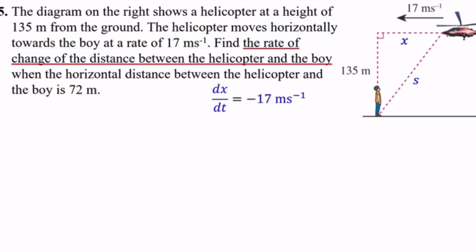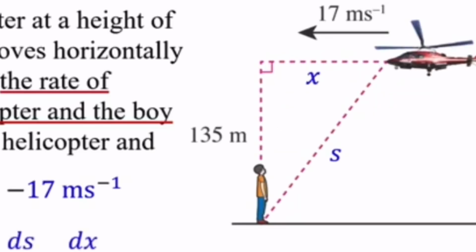The rate of change of the distance between helicopter and the boy is very important. This is the one that I label as S, so it's ds/dt, right? So ds/dt is ds/dx times dx/dt. Now we are going to form the relationship between s and x so that we can differentiate them.